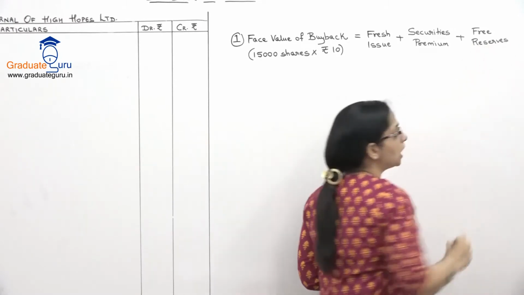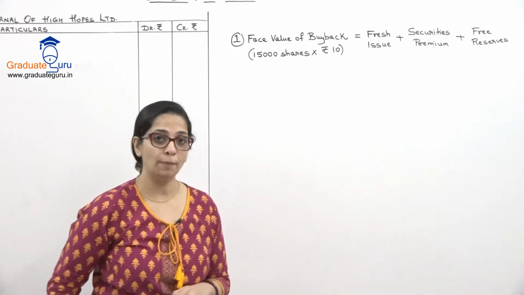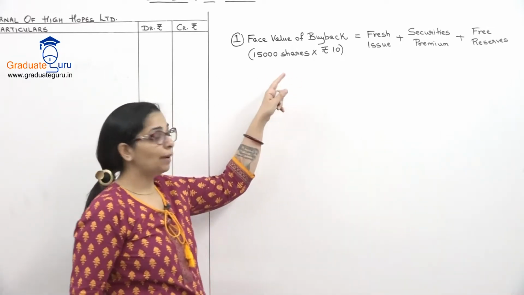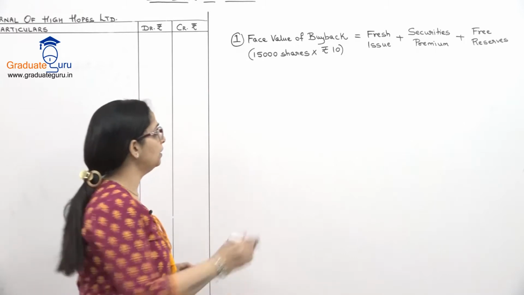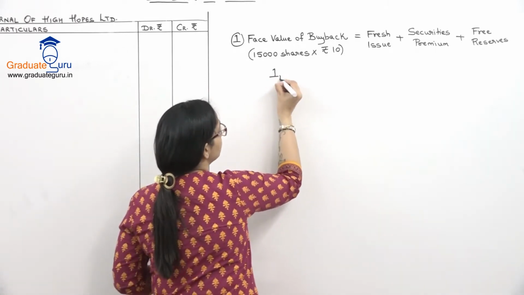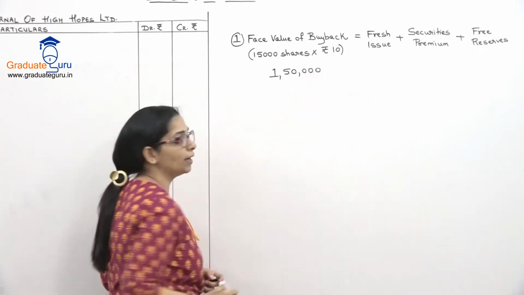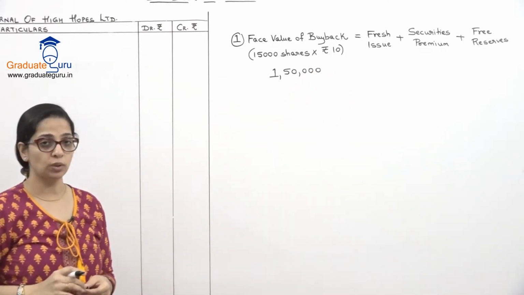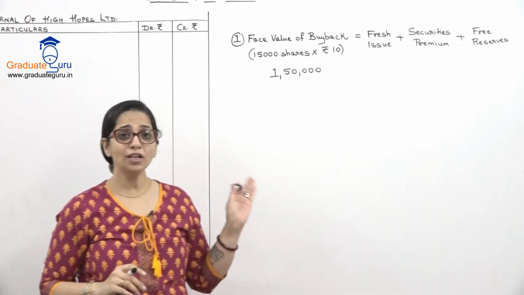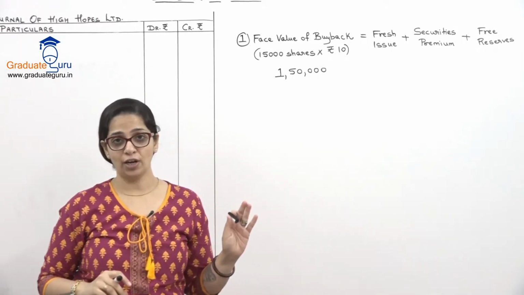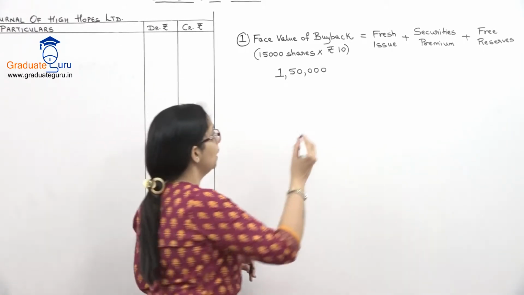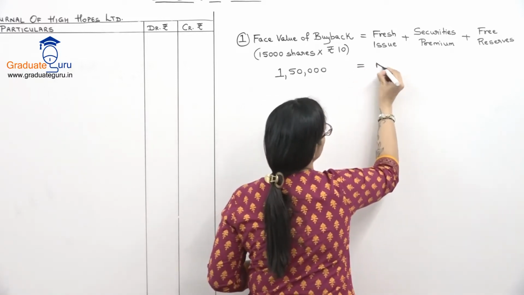These are the three main sources of buyback. Now, what is the amount over here? 15,000 into 10, 1,50,000 is the amount required for buyback, which is only face value. Fresh issue: there is no mention of fresh issue in the sum. So obviously there is no fresh issue.